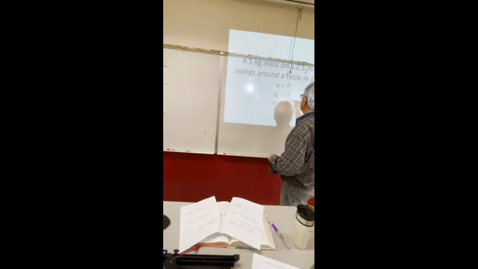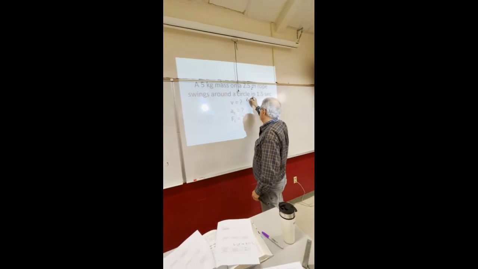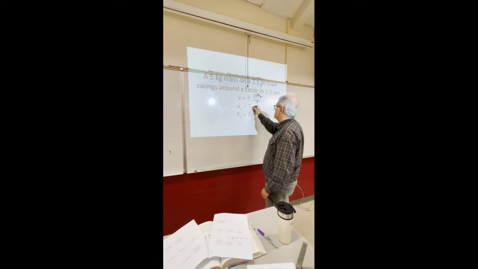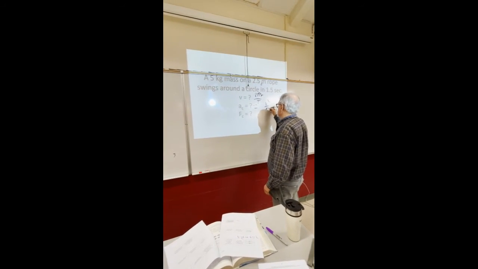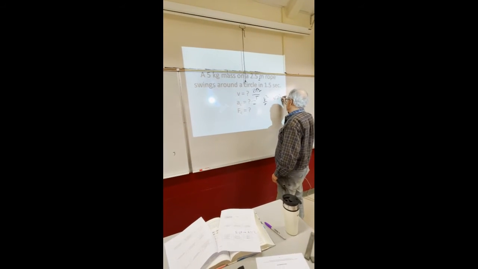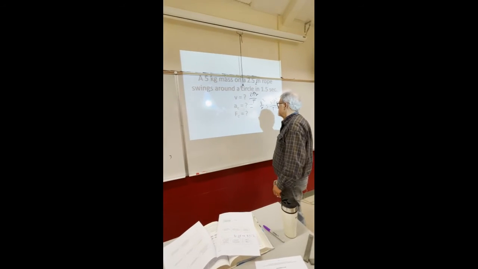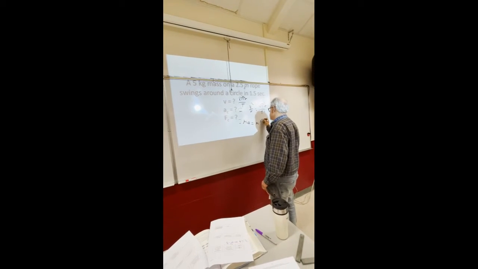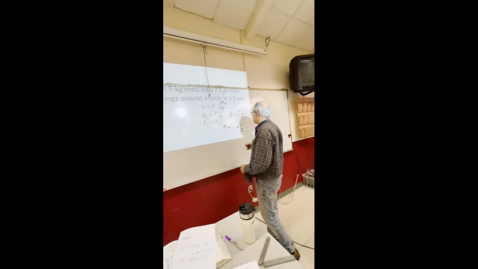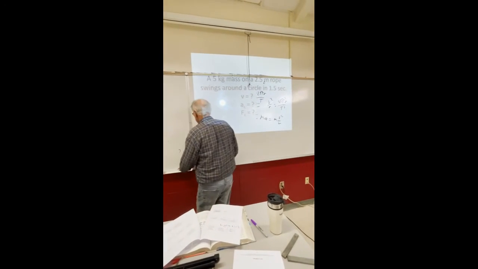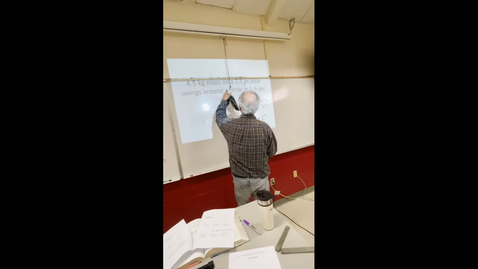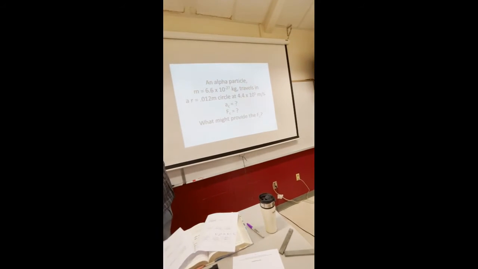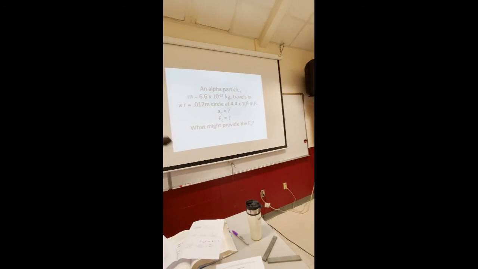The speed is 2 pi r over T. The centripetal acceleration is v squared over r, or 4 pi squared r over T squared, and force equals ma equals m v squared over r. All this is familiar to the students, and to us. And now an alpha particle, we have exactly the same thing.